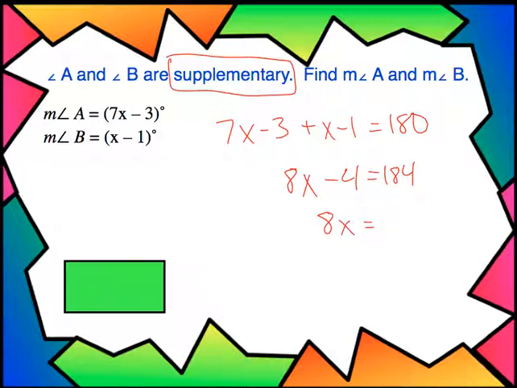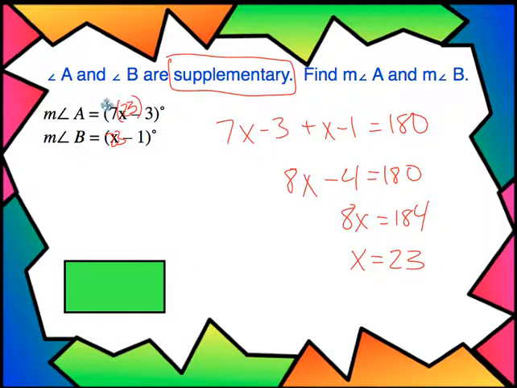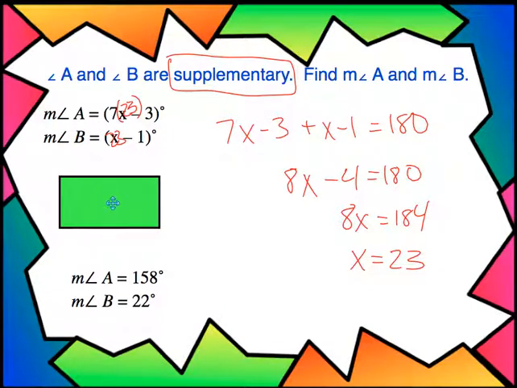Oh, sorry. My brain's ahead a step. So this is 180. Then I add the 4 and I get 8x equals 184. So then I divide and I think you get 23. You'll plug 23 in right there, and then 7 times 23 right there. Subtract the 3, subtract the 1, all that. And you should get 158 and 22.